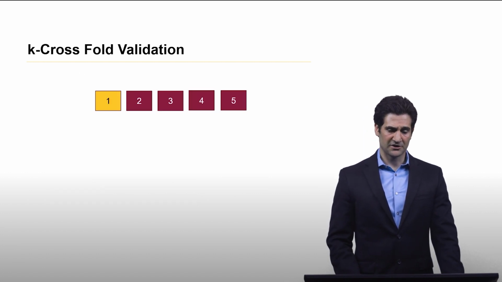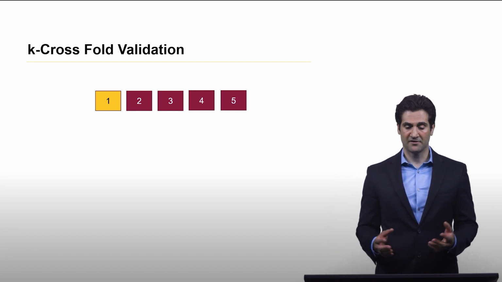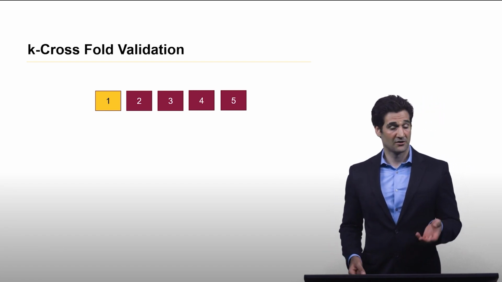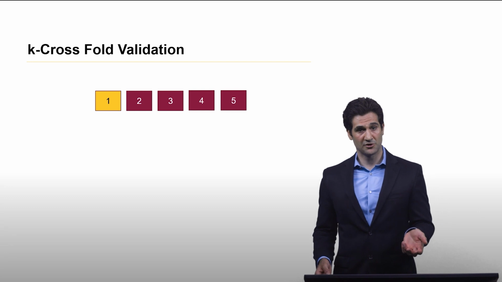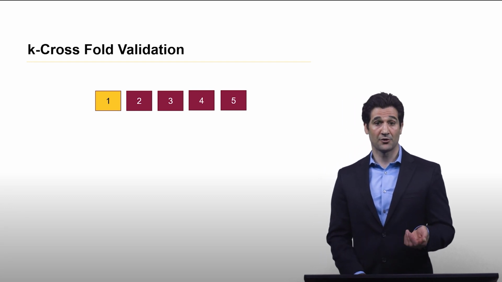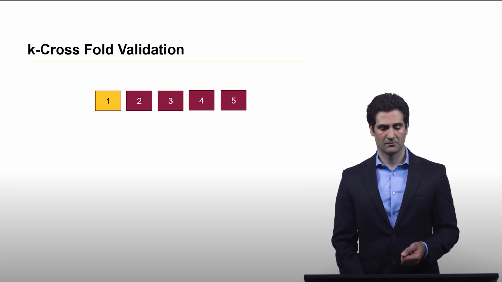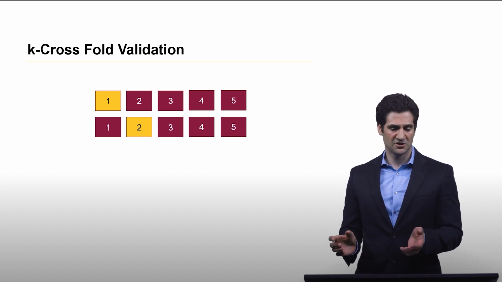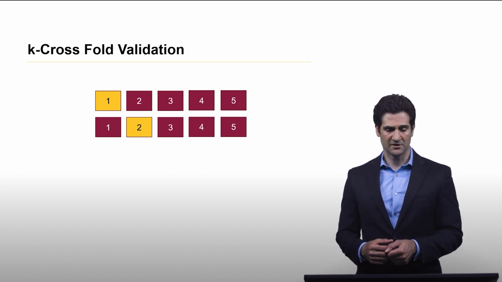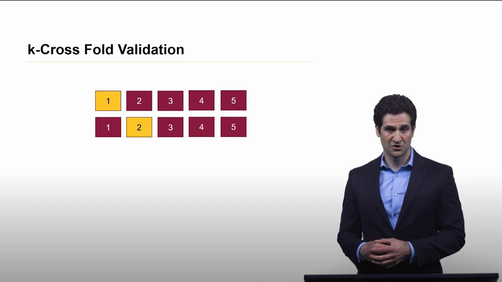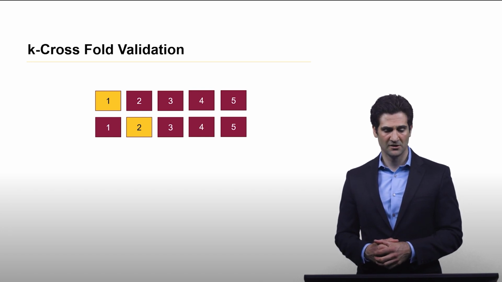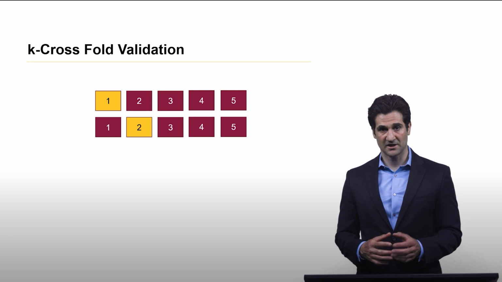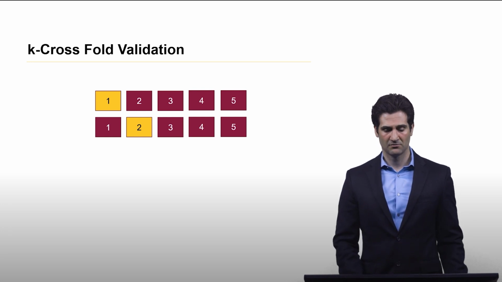So let's look at what this looks like. Here's our data set. We have 5 different partitions. The one in yellow, that's the one we use for testing, the remainder we use for training. Now we use those same partitions, and we just change what we use for training. Now, partition 2 is not used in training and is used as the test data set, while the rest is used for training.